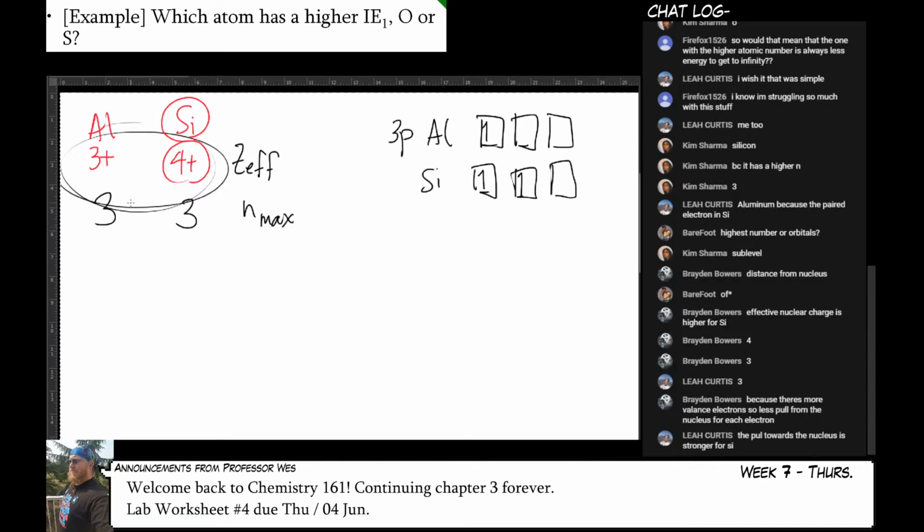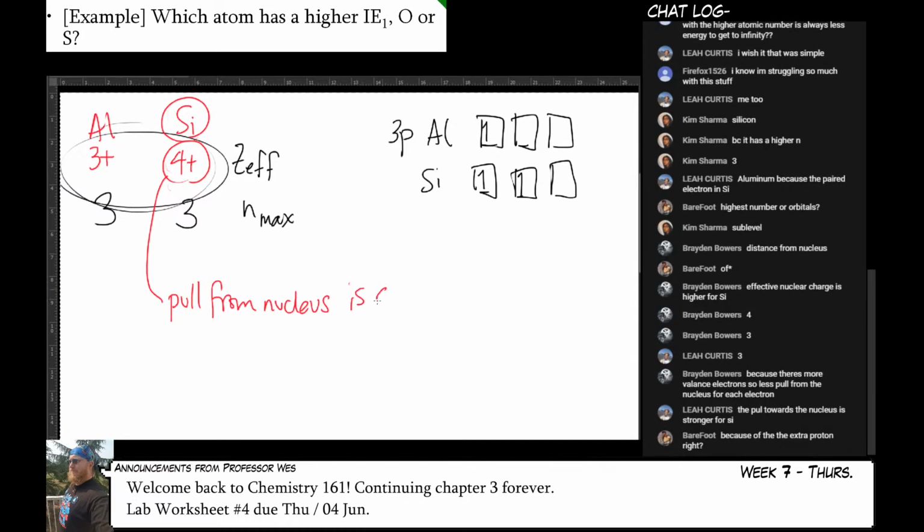So I like Leia's answer better, because that's more what this is describing. So this is the pull from the nucleus. Nucleus. And if the nucleus pulls those electrons stronger, those electrons are held on more tightly, and thus they're harder to ionize.